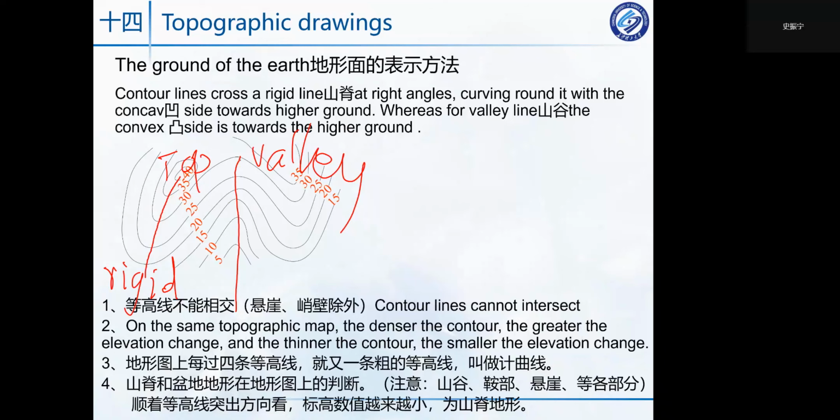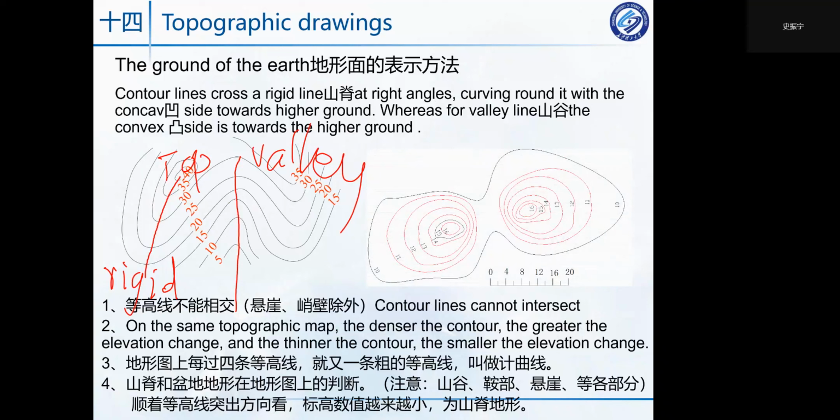If there is a river, it is usually at the position of a valley. The water will flow from the top to the bottom. And as for the ridge, it is like this one. Okay.